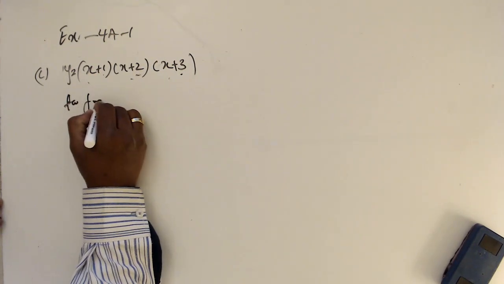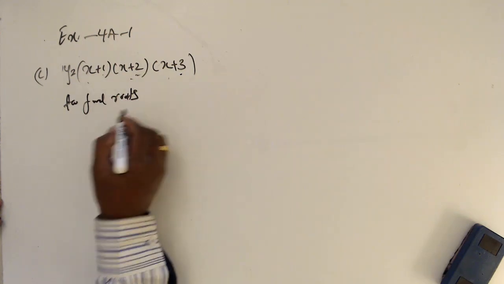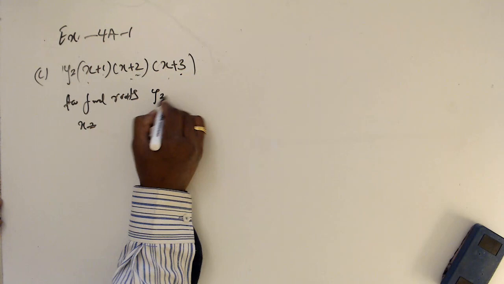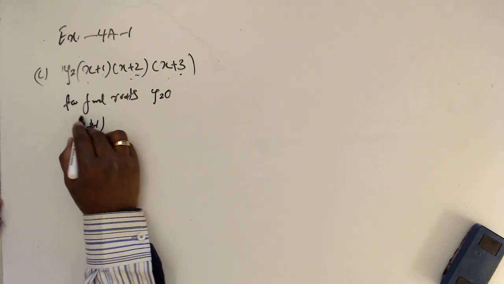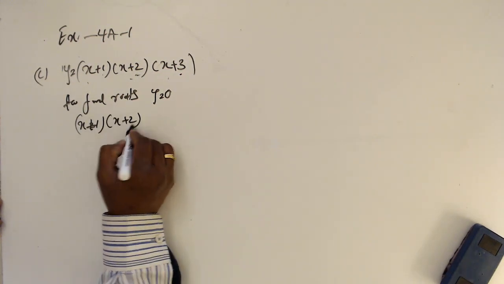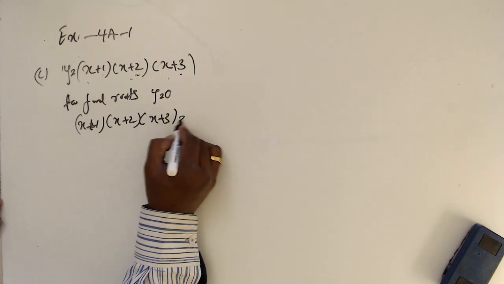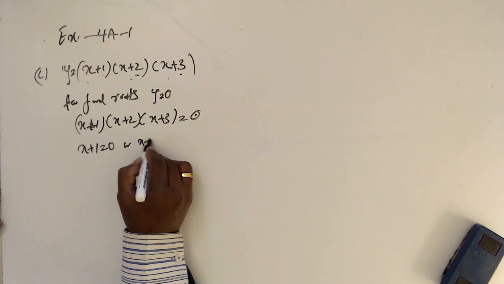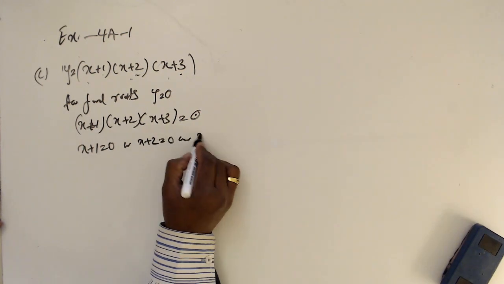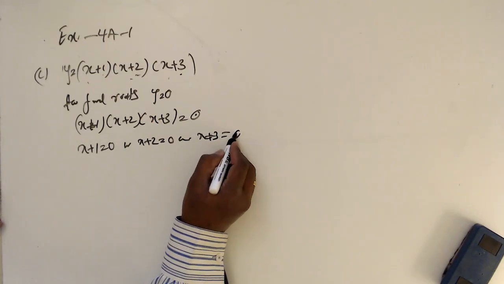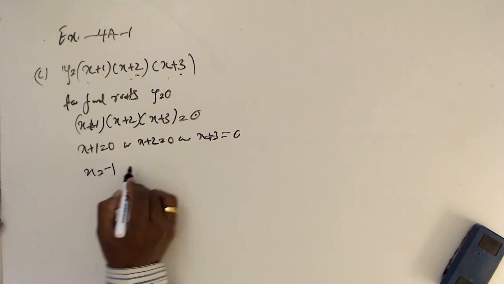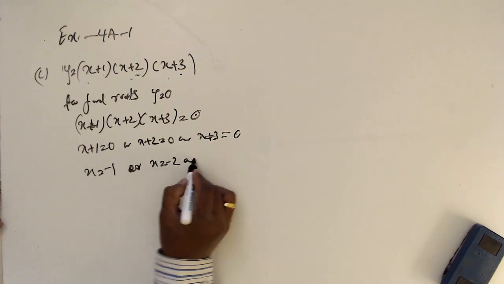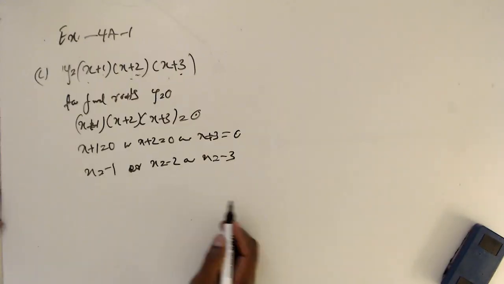To find roots, y equals 0, then (x plus 1)(x plus 2)(x plus 3) equals 0. x plus 1 equals 0, or x plus 2 equals 0, or x plus 3 equals 0. x equals minus 1, or x equals minus 2, or x equals minus 3.